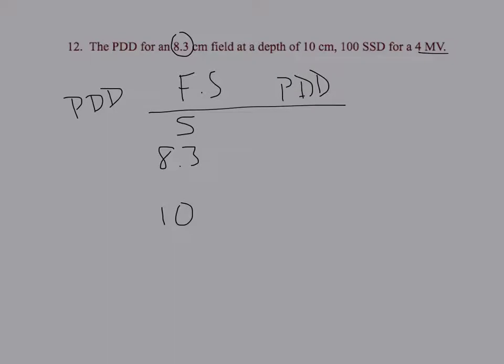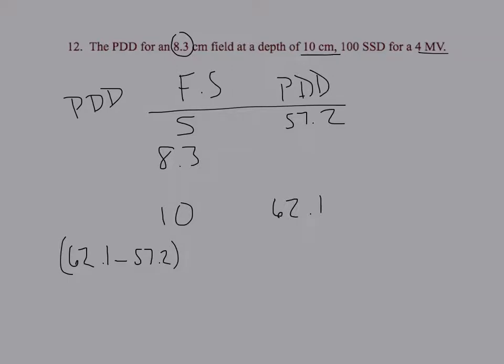So field size, percentage depth dose, it gives it to me for 5 and 10, but it doesn't for 8.3. So my percentage depth dose at a depth of 10 cm with a 5 by 5 field is 57.2. For the 10 by 10, 62.1. My next step is I'm going to take 62.1, subtract 57.2 from that, and I want to take a ratio.